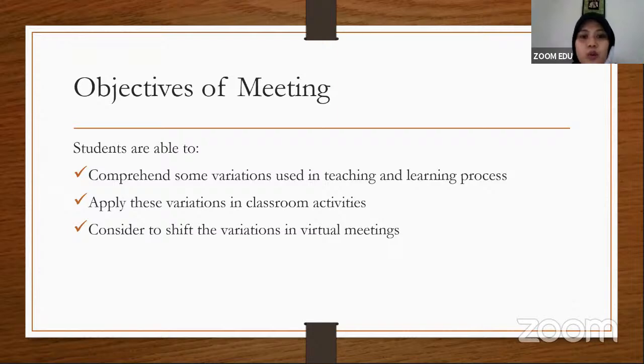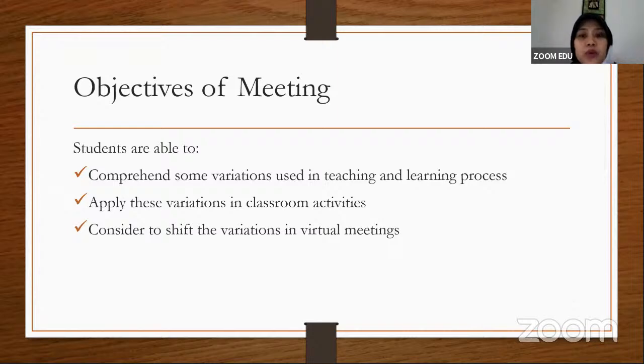It is quite important for you to implement them because next semester you will have teaching practice in some schools, and you have to apply these variations so that your students can engage actively. And the last one, you also need to consider the variations in virtual meetings.